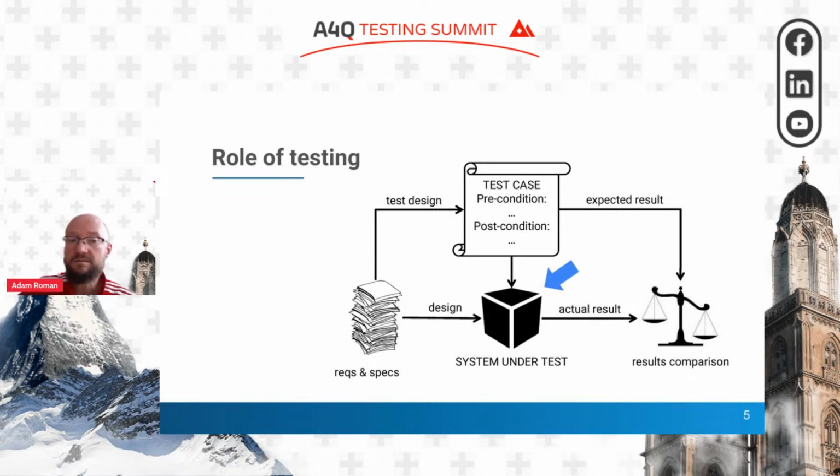We also define expected results based on the specification. We use these test cases to test the software, then compare expected and actual results and see if the test fails or passes. So the focus here is on this black box, the software or system under test.